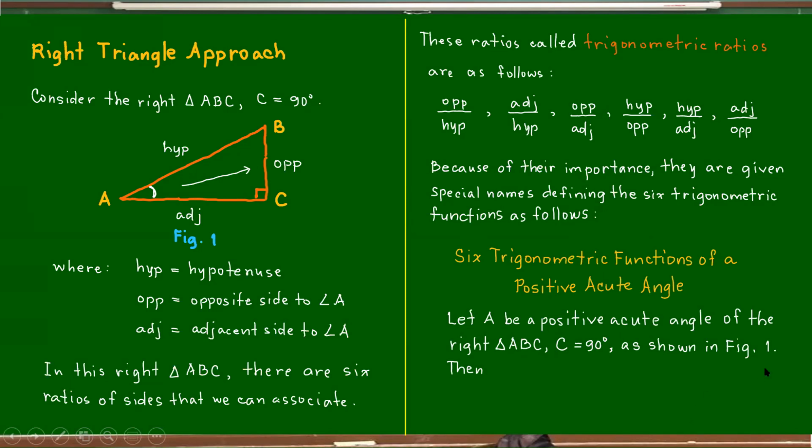Then we define the following. Sine of angle A, which is abbreviated sin A, is equal to opposite over hypotenuse. So this ratio, opposite over hypotenuse, is given what special name? Sine of angle A, or simply sin A.